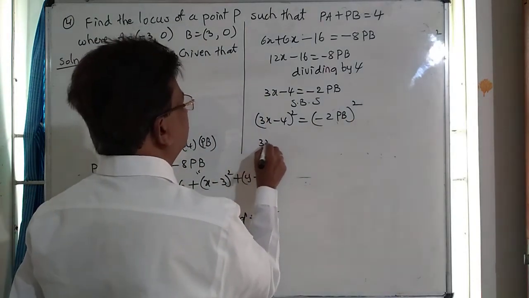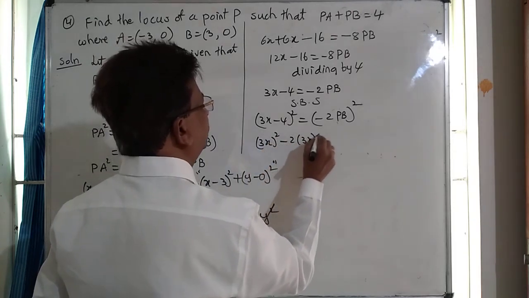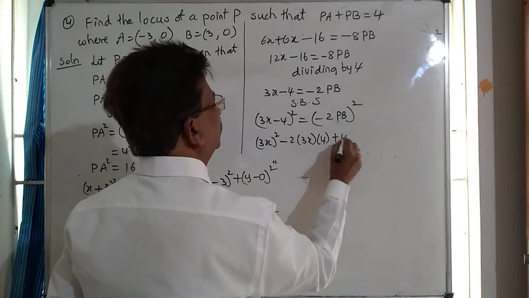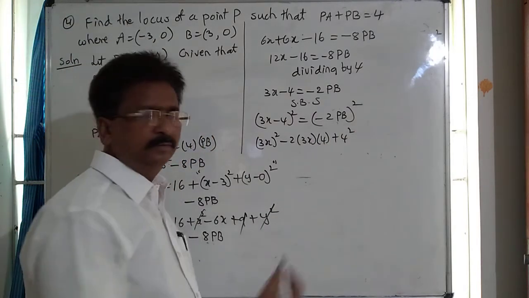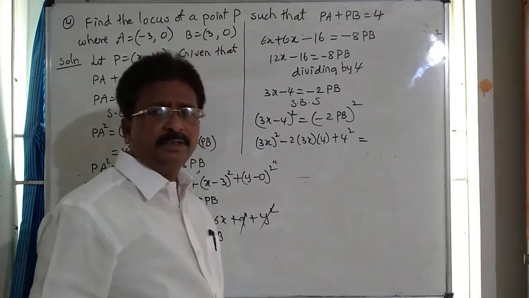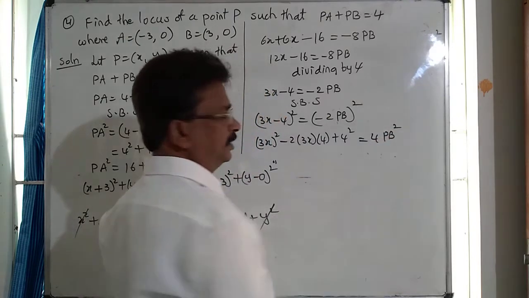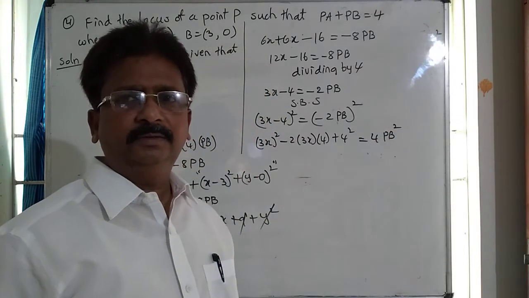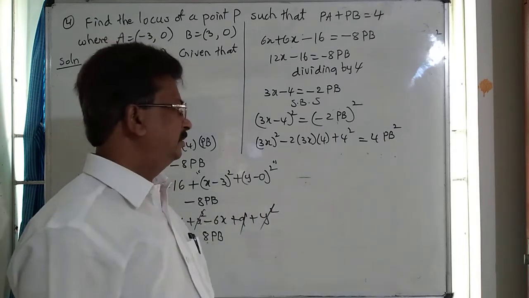So this is 3x whole square minus 2 into 3x into 4 plus 4 square, a square minus 2ab plus b square, is equal to minus 2 whole square into PB square. The minus is avoided on squaring. Don't write the minus sign. 2 square and PB square into PB square.